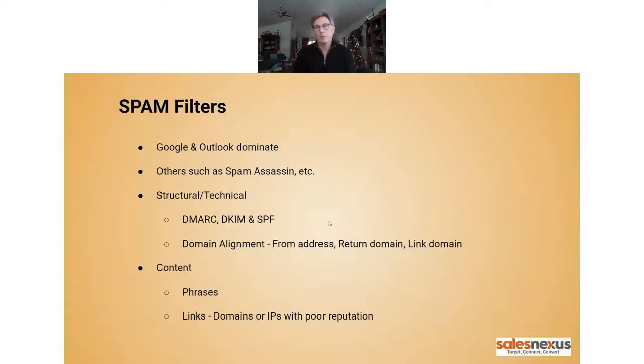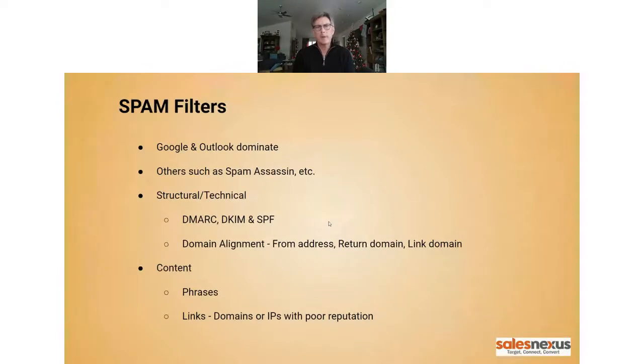So the way their algorithms work in terms of deciding what goes to the junk folder, that's what matters. So if you're really serious about email marketing, you ought to have yourself a Gmail account and an Outlook account. When you're putting your emails together, send it to those addresses and see what it looks like. Make sure it's not going in the junk folder and all of that stuff.